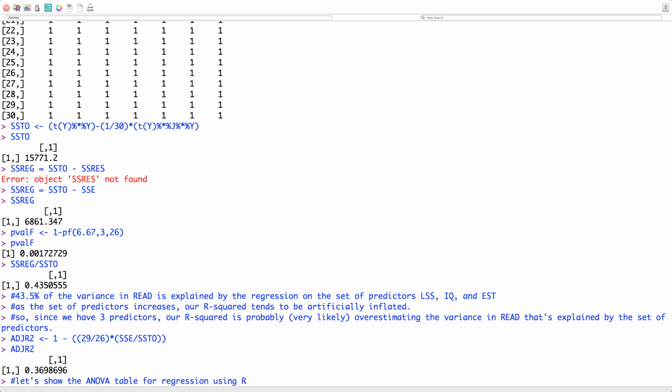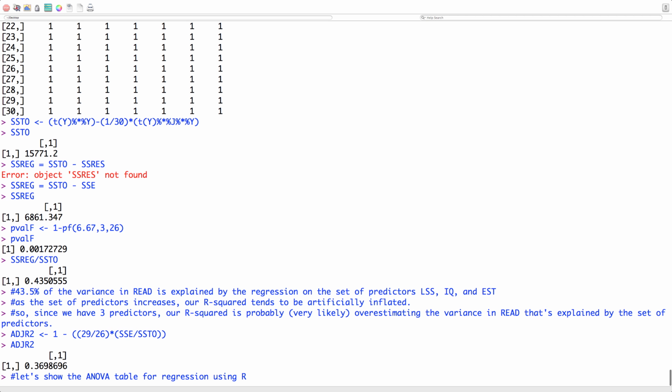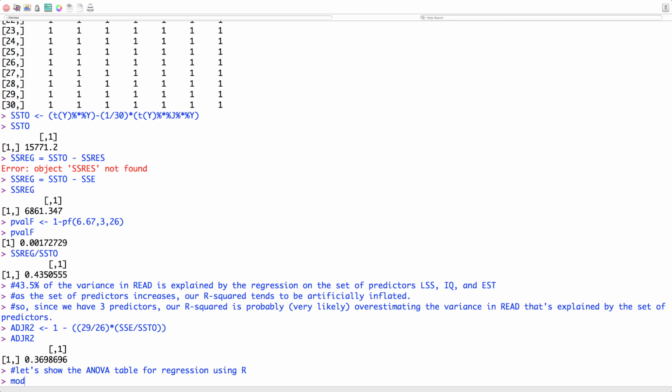Using R, guys, the best thing we can probably do here is first of all create our model.